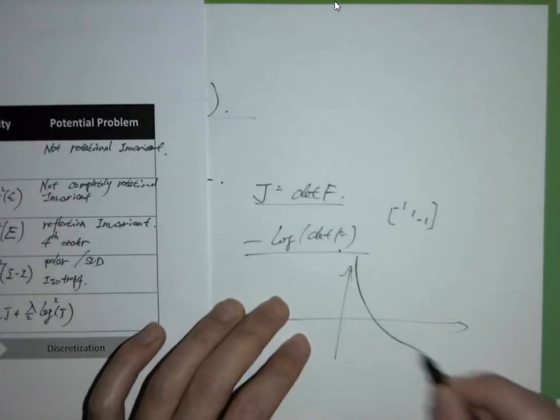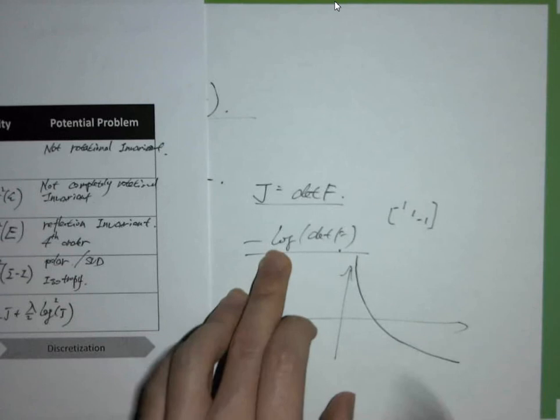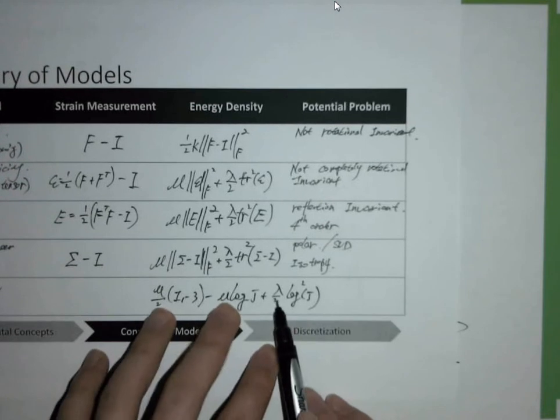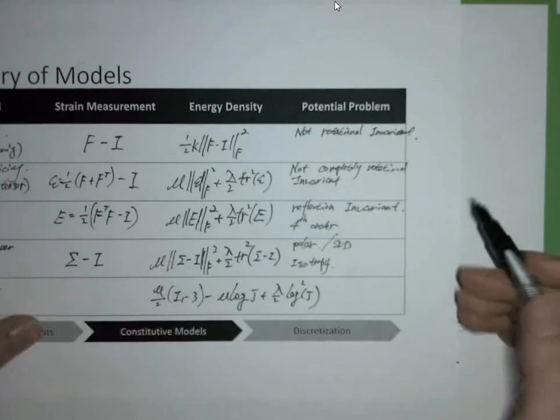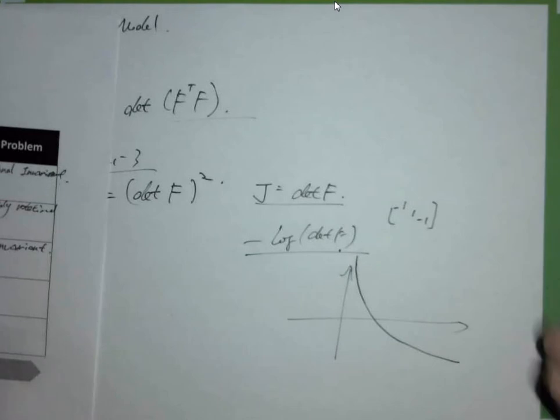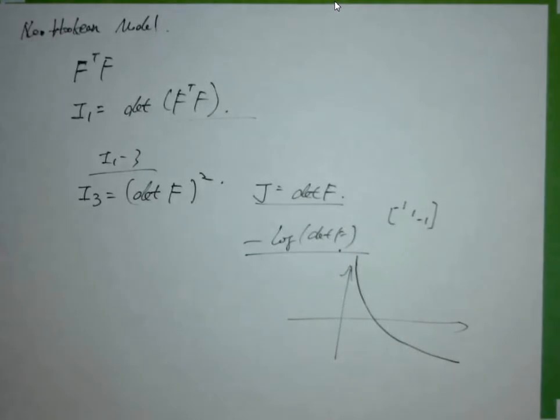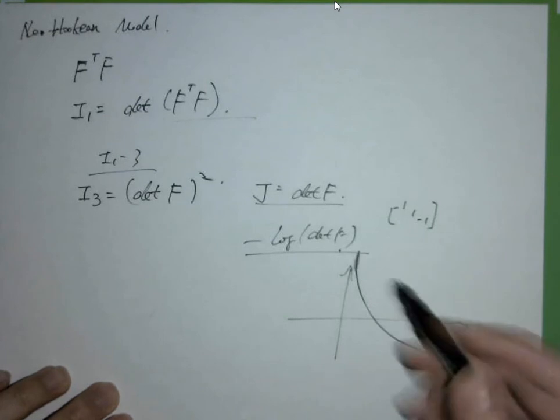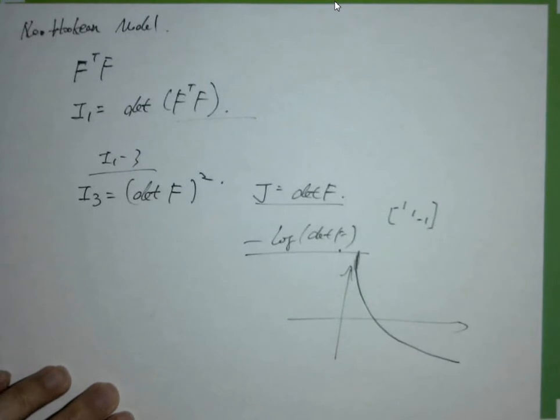So you can never reflect it. It also has another term, 1/2 lambda multiplied by log squared J, which is also a term that makes the material stay on the positive side.